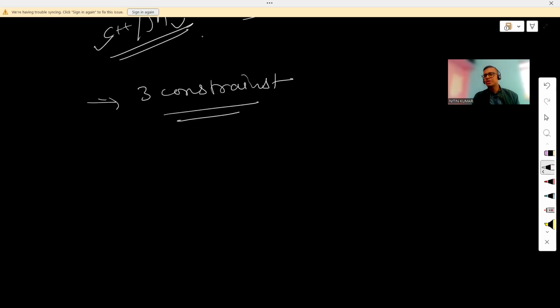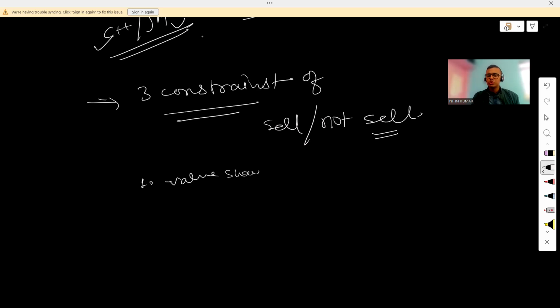Now, where are we going to start discussing our logic? Our logic is simply three constraints. We only have to look for three constraints while choosing whether to sell a value or not sell it. Three constraints for sell or not sell. The first constraint is: the profit value should be positive to sell it.